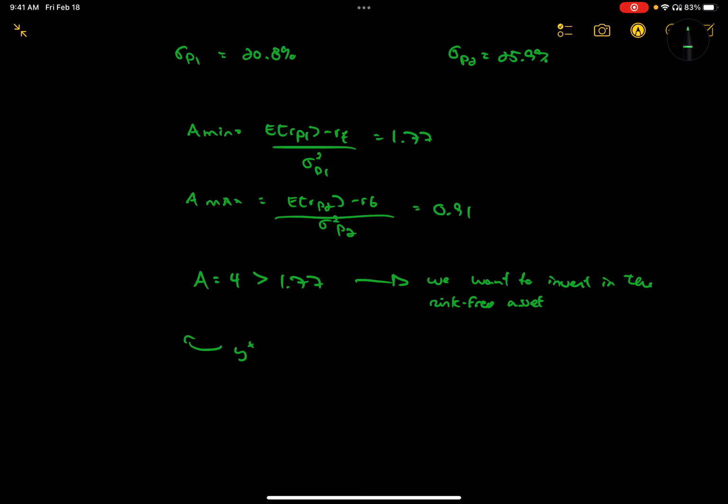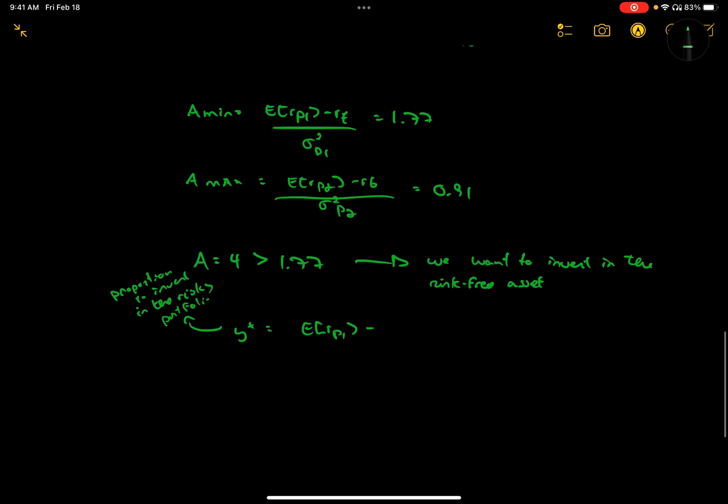So the proportion to invest in the risky portfolio, that would be the expected return on P1 minus the risk-free rate, because recall that we don't want to borrow, the risk-free rate is 7%, divided by A times sigma squared.